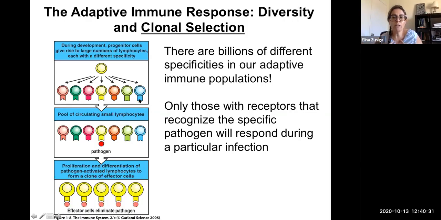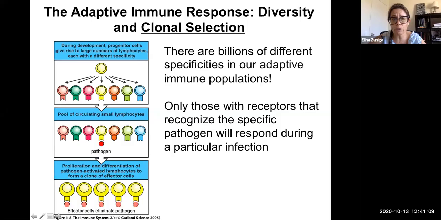Okay, so even if we haven't been exposed to HIV, for example, we will have some very few, but some cells that probably are able to bind to sequences in the HIV proteins. Okay, but these are in very low numbers. So we have a large number of clones with specificities for a large number of substances potentially present in pathogens like HIV, for example.